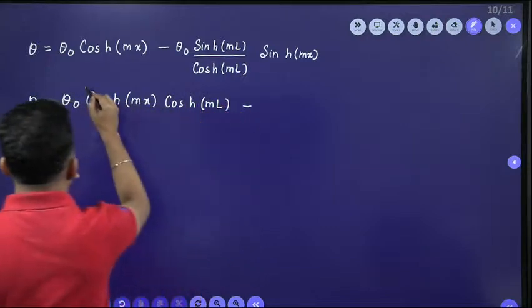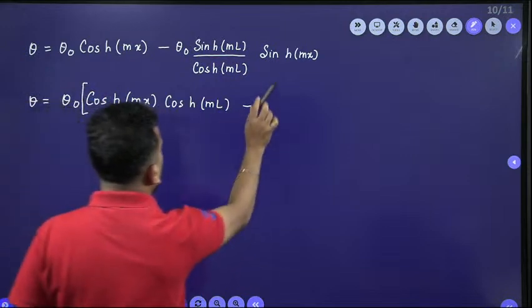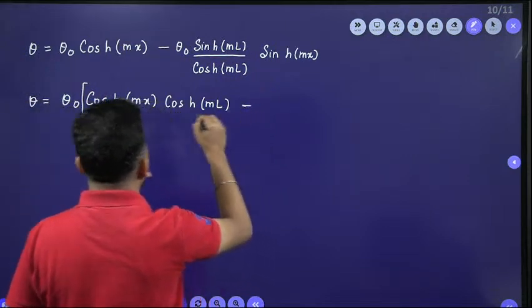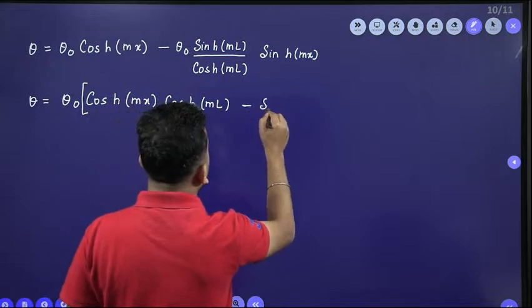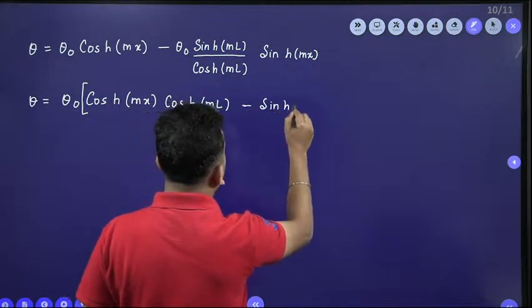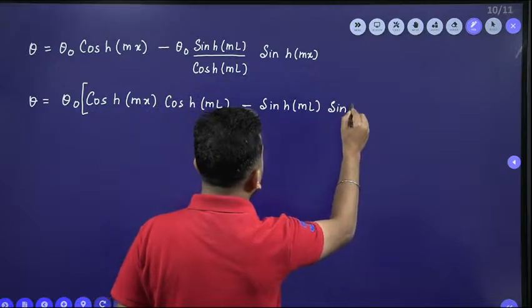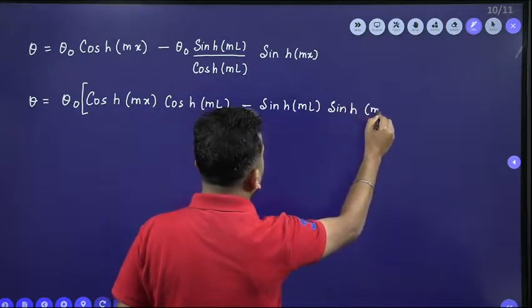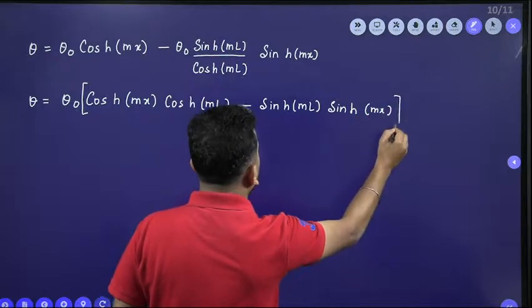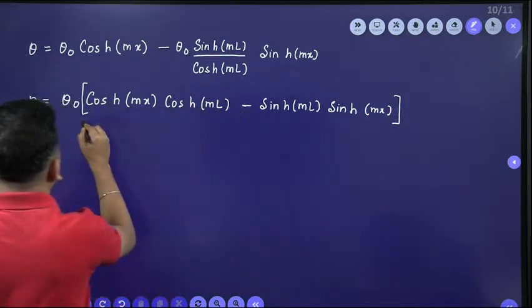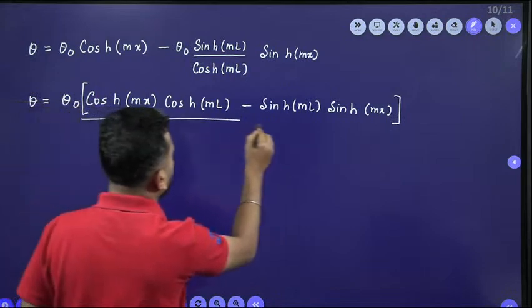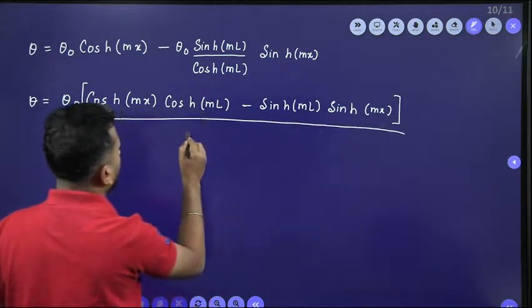Theta naught you can take common, that is not the issue, minus sin h ml, and in the denominator it is cos h ml.